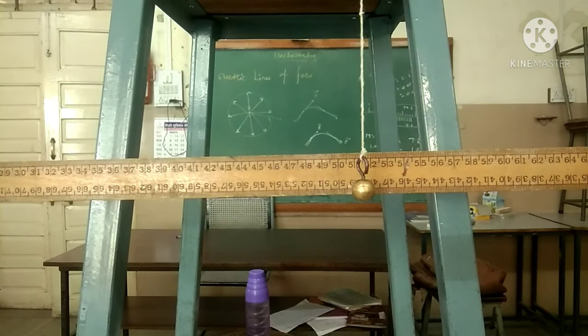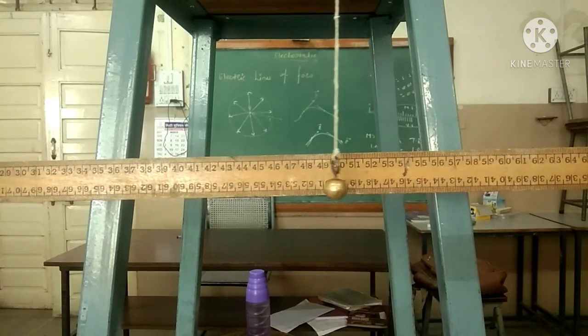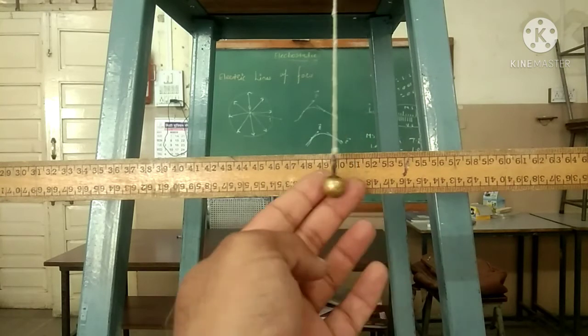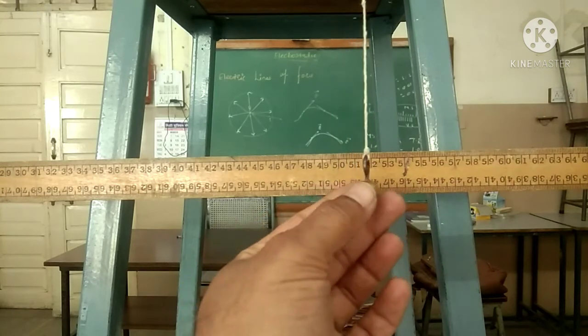Here we want to determine the length of a seconds pendulum, right? For that, first we want to measure the radius of the metallic sphere, which is also called the bob.